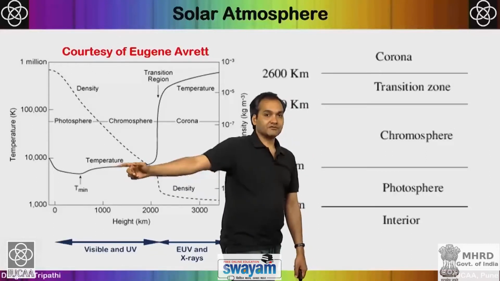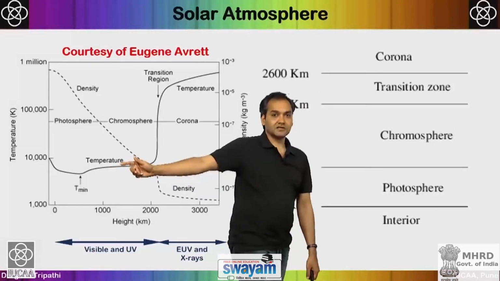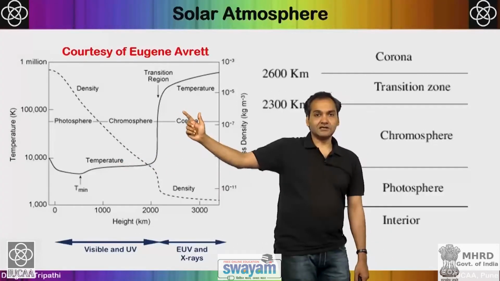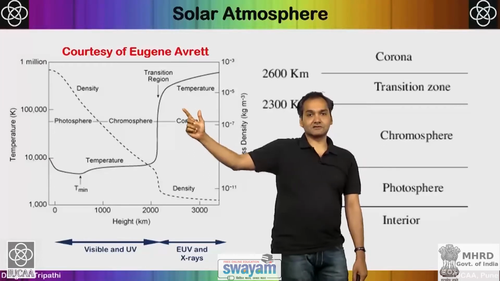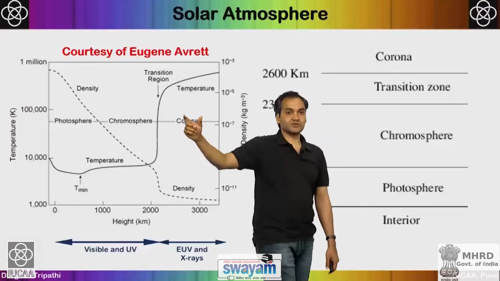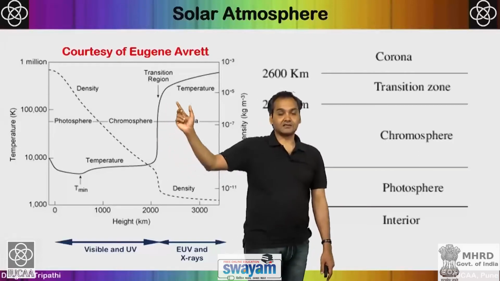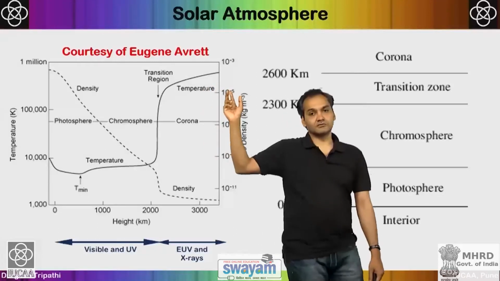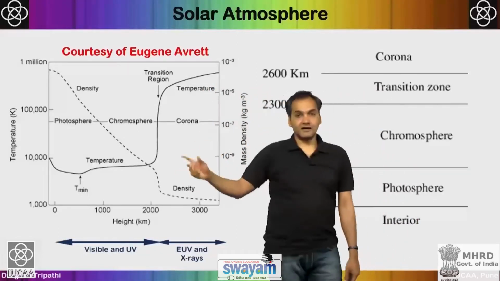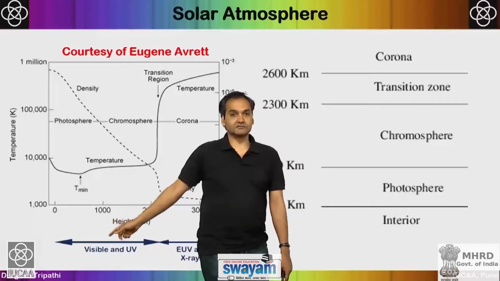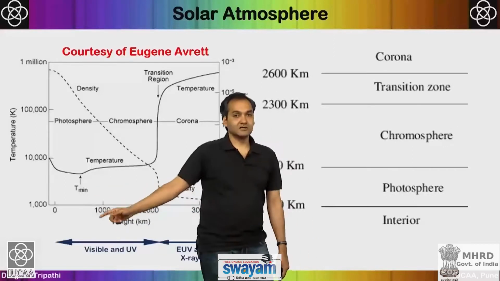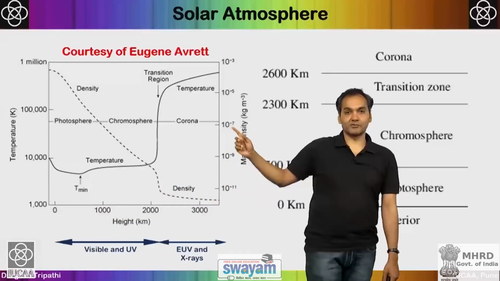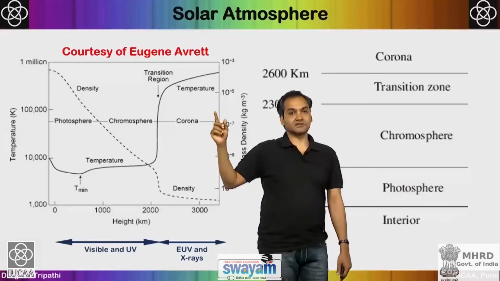It forms a plateau in the chromosphere, then it goes higher up, shoots to 1,000,000 degrees in the transition region, and that provides an interface between the chromosphere and the higher atmosphere in the corona, and then it stays at about 2,000,000 to 3,000,000 degrees. In that region, the photosphere and chromosphere produce visible and UV photons, whereas X-ray and EUV photons are coming from the transition region and the corona.